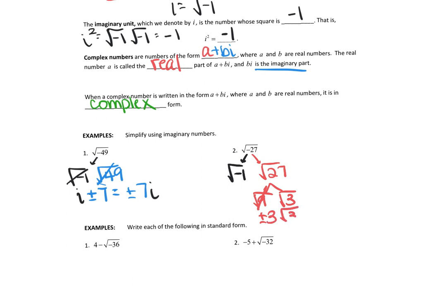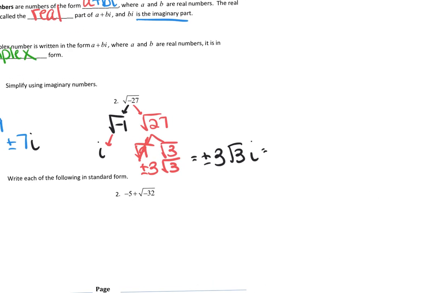And you have root 3. And remember, you have this right here, the square root of -1, which is just equal to i. So what you're left with is plus or minus 3 root 3 i. Generally speaking, we just normally write the i behind the whole number part. So we'll really write this as plus or minus 3i root 3.